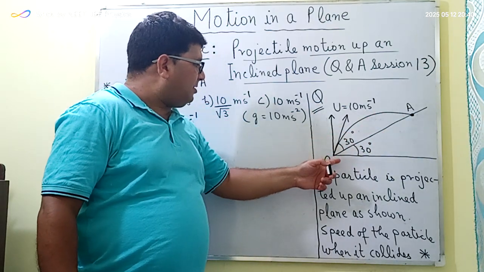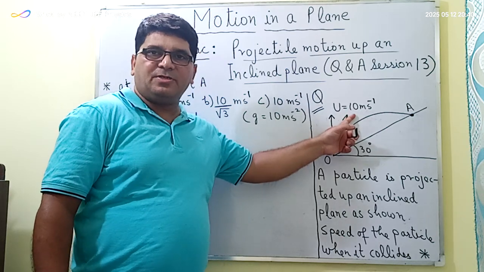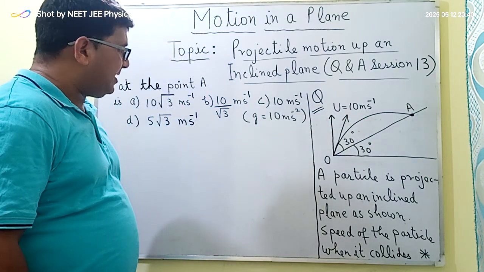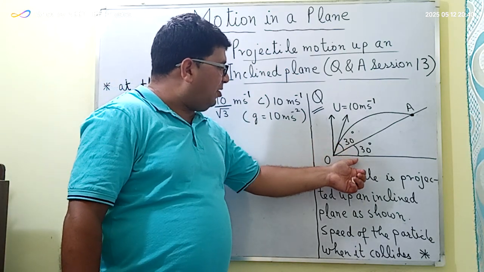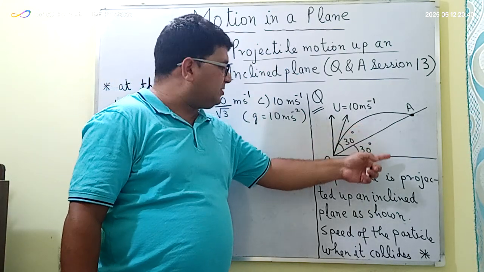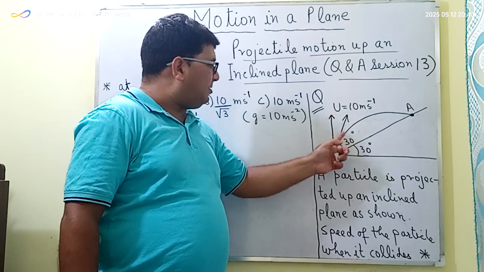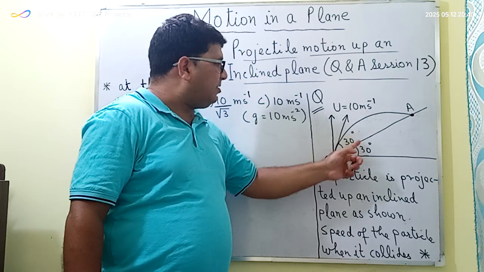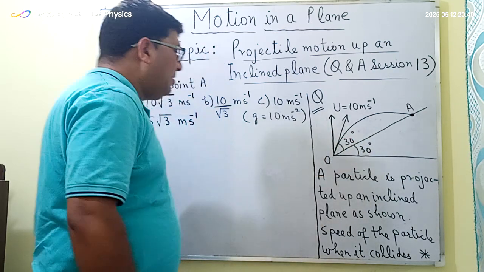Here the projectile is projected with an initial speed of 10 meters per second, the angle of inclination of this plane with the horizontal is 30 degrees, and this projectile is projected at an angle of 30 degrees with this inclined plane as shown in this figure.